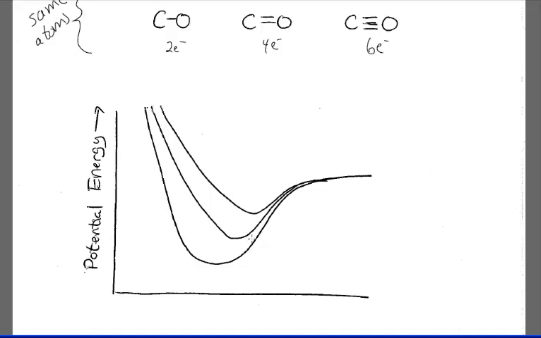So a single carbon-oxygen bond has some length and depth, and so the length, remember this is the distance between nuclei, and it turns out that the single bond is the greatest length because it shares the fewest number of electrons. Double bond is in the middle, and triple bond is the shortest because it shares so many.